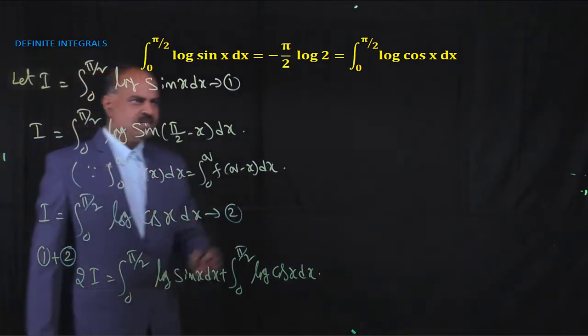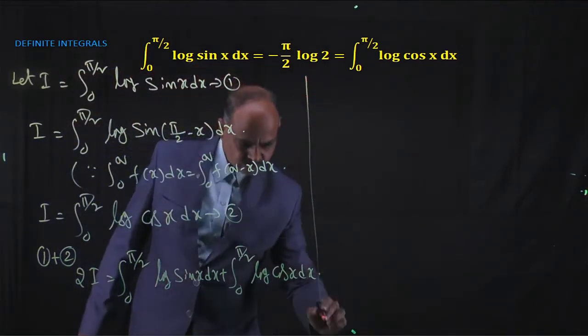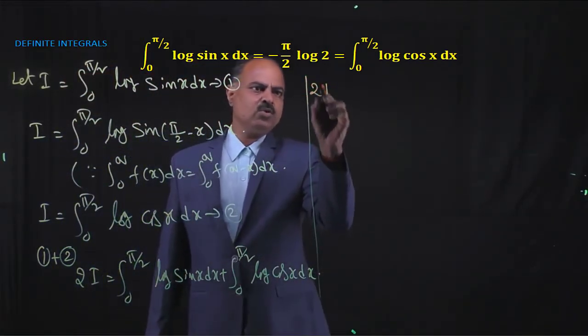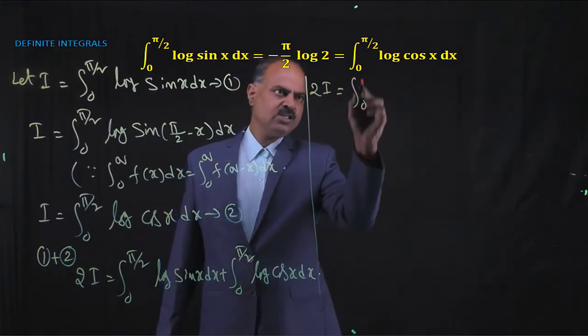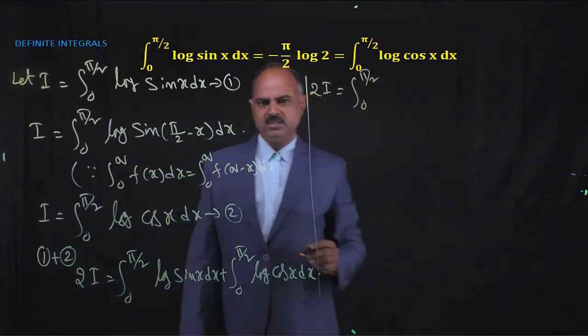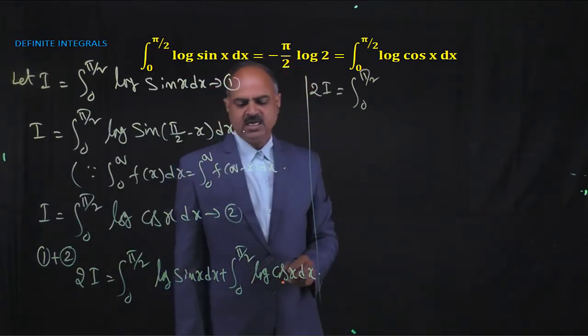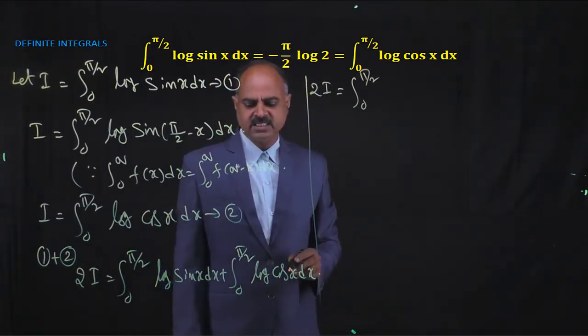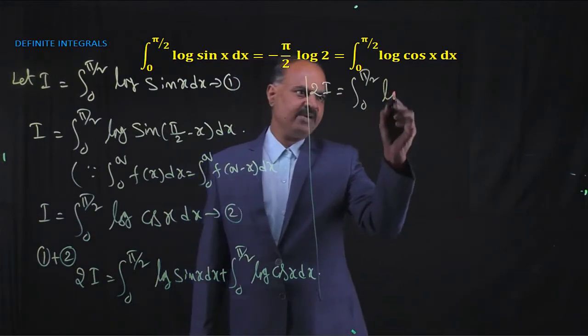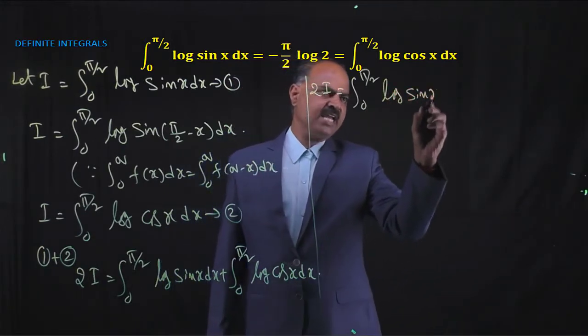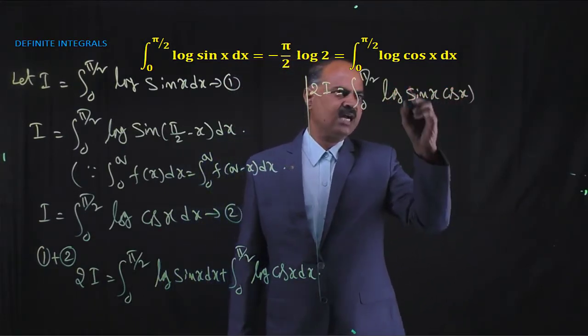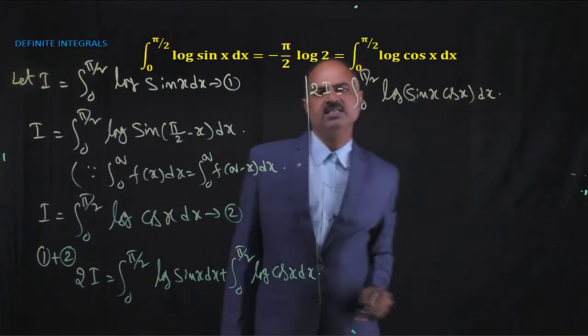So 2I equals integral 0 to pi by 2 of log sin x dx plus log cos x dx. This can be written as log of sin x into cos x dx.